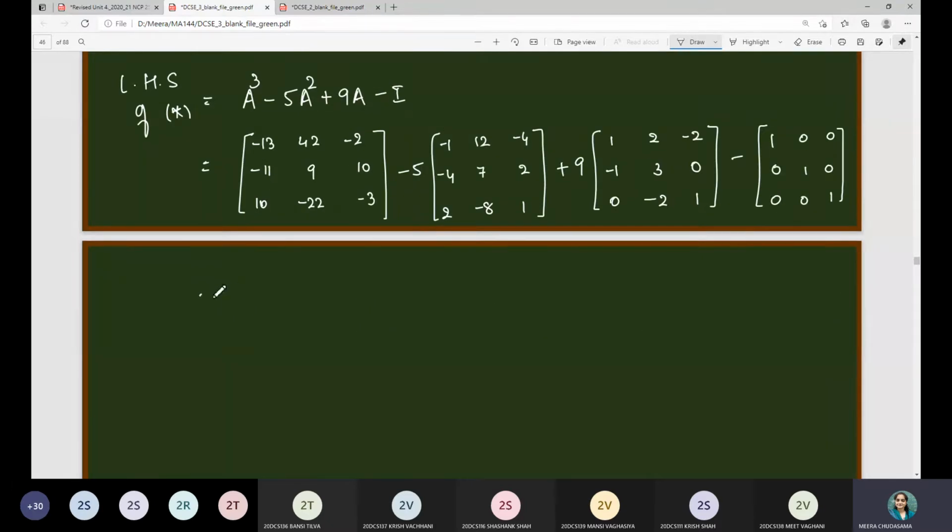So compute it and tell me whether you are getting all entries 0 or not. When you say you are getting it, I will erase this question mark. This is not 6, this is 0.